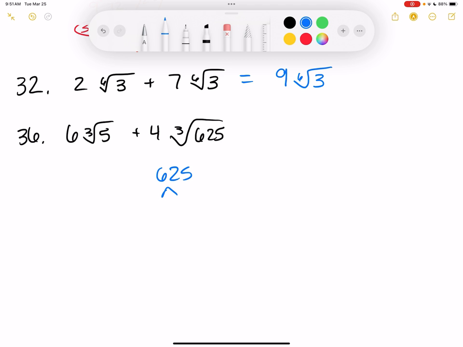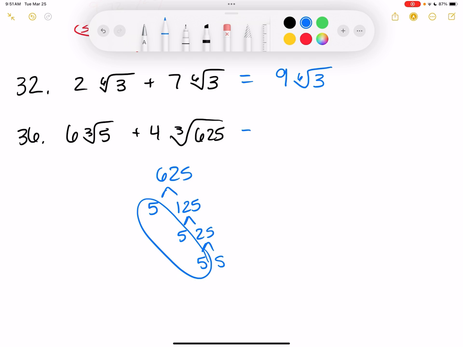All right, what does 625 break into? 5 and 125. 5 and 25. And that's 5 and 5. Well, 5 cube root of 5.